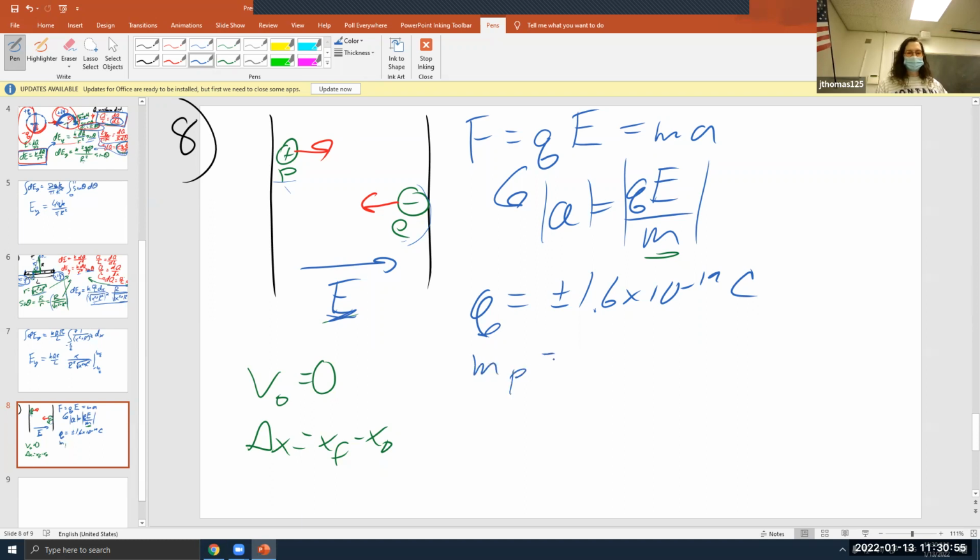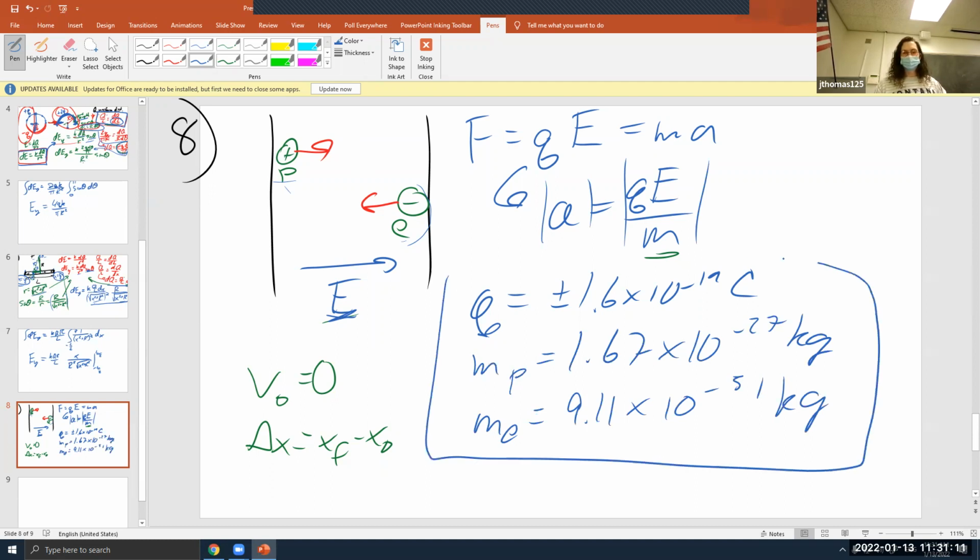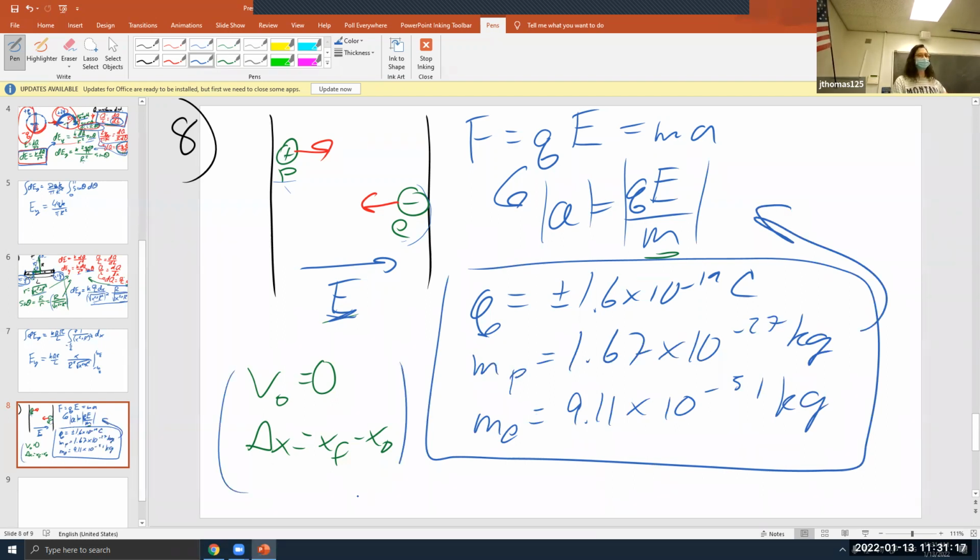The mass of the proton is 1.67 times 10 to the negative 27th kilograms. And the mass of the electron is 9.11 times 10 to the negative 31st kilograms. So the constants that you will need, you just plug them in with this equation, get your acceleration, and then do the motion. I'm confident once you let your brain rest, you'll be able to do a motion problem there as well.